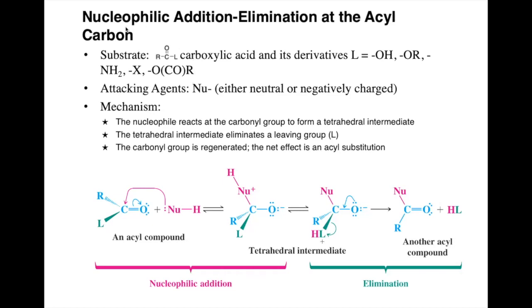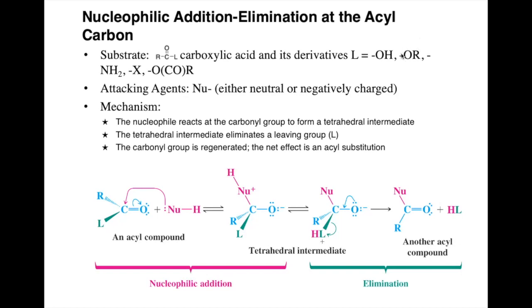Okay. So, our substrate will be in this general formula. You have a leaving group attached to a carbonyl group. So, ibig sabihin, your L can be an OH, so that is a carboxylic acid.